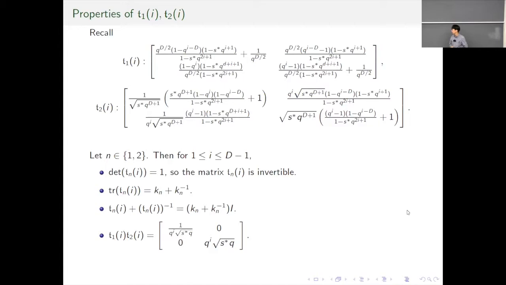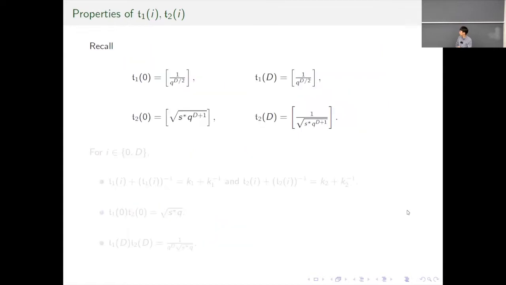Also Tni plus Tni inverse is Kn plus Kn inverse. Lastly, T1i times T2i is just a diagonal matrix, which routinely follows. So far, we handled the 2 by 2 block matrices. What about 1 by 1? 1 by 1 is easy.